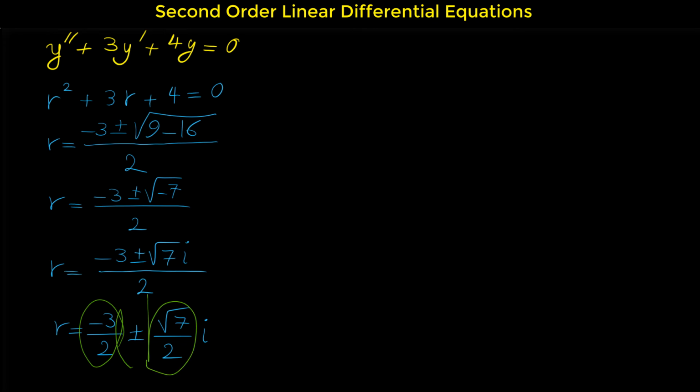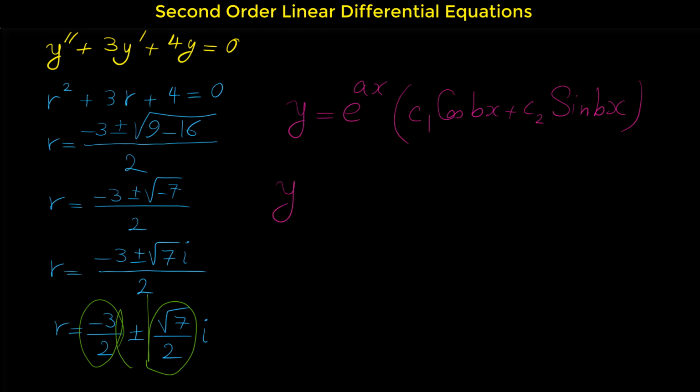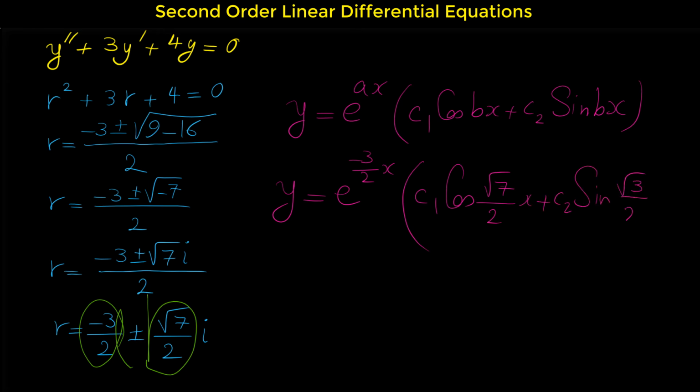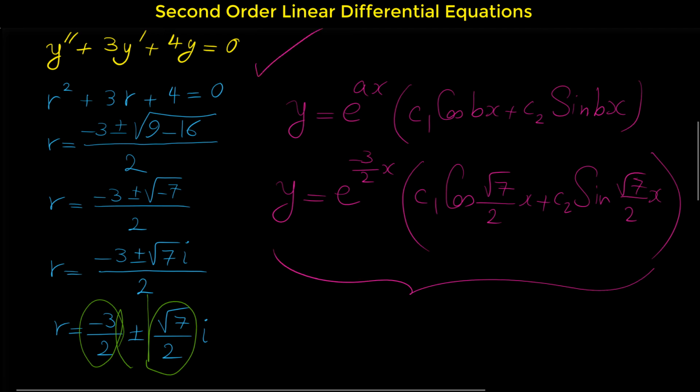And if we use this formula, e to the ax times c sub 1 cosine of bx plus c sub 2 sine of bx, y equals e to the negative 3 over 2 x times c sub 1 cosine of square root of 7 over 2 x plus c sub 2 sine of square root of 7 over 2 x. This is the solution of this differential equation.